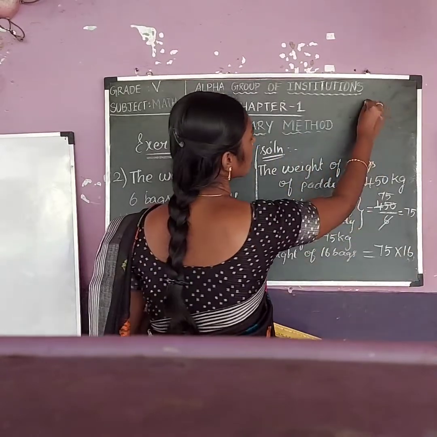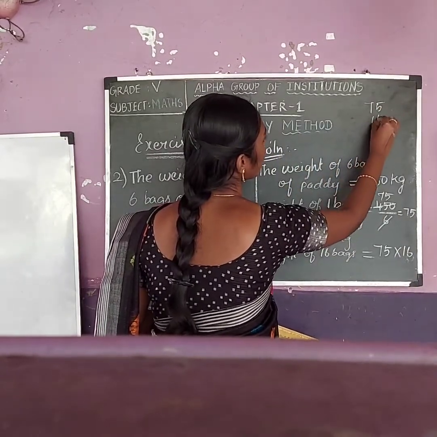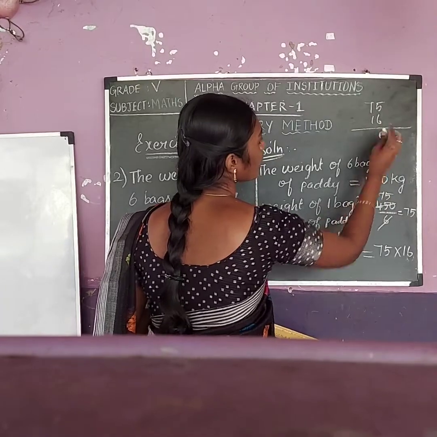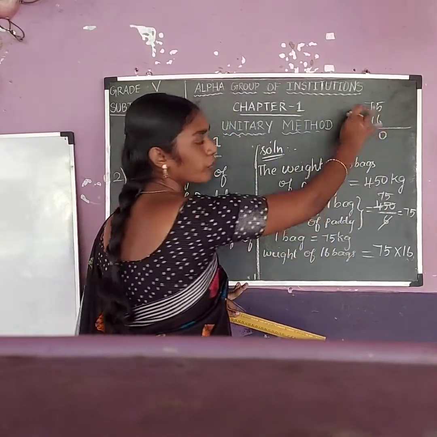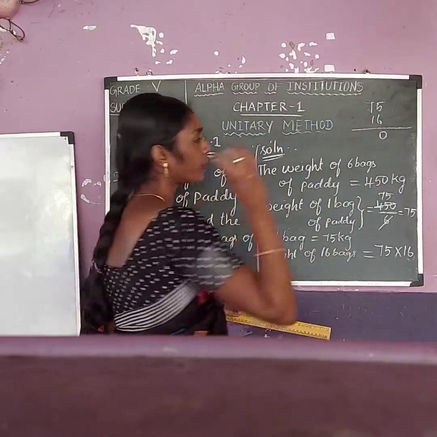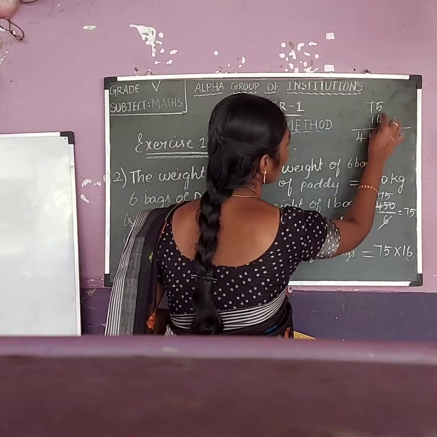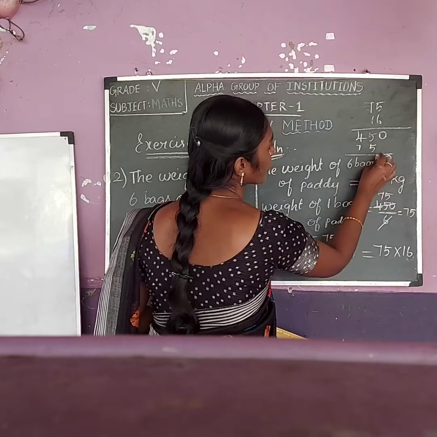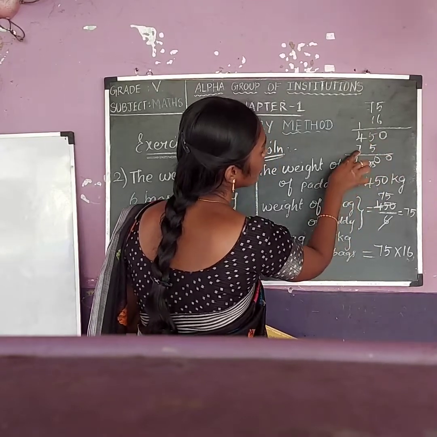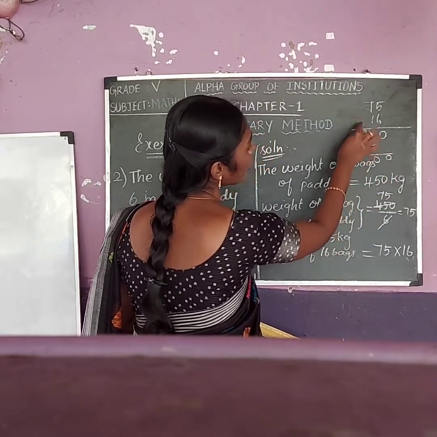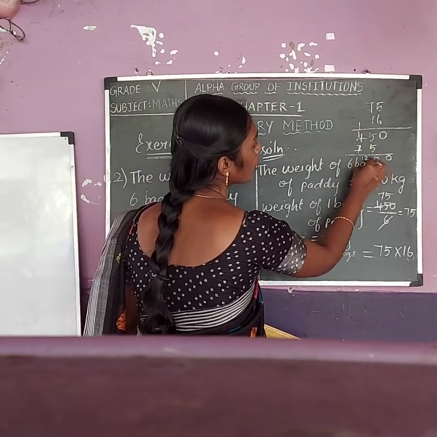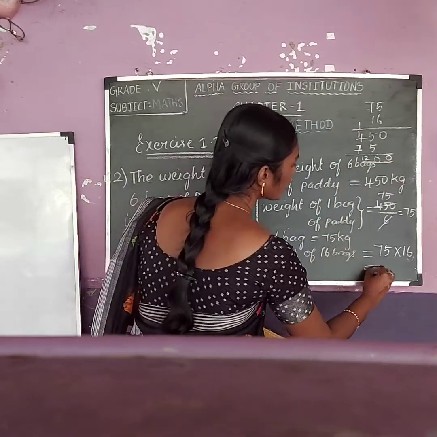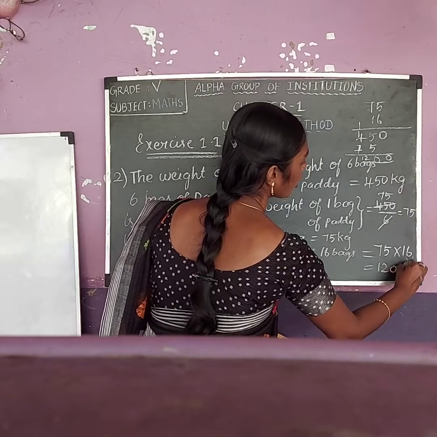See here, 75 into 16, what will we get? 5 6s are 30, balance 3, 7 6s are 42, 43, 44, 45. So 450. Again 5 ones are 5, 7 ones are 7. So 0, 5 plus 1 is 6... 5, 10, balance 1. Here 7, 7 plus 1, 8, 8 plus 4, 12. So 1200. So the value is 1200 kilogram.